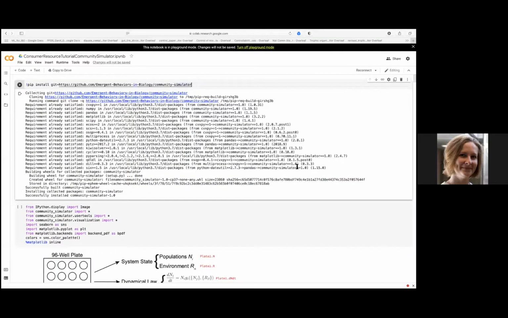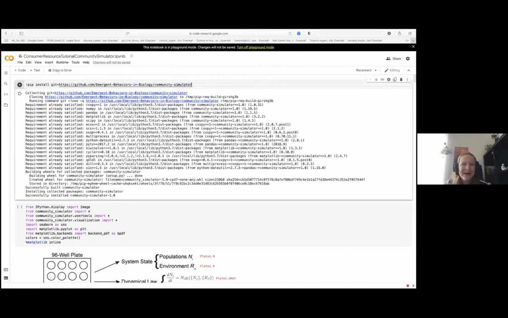This part is a total experiment on my part. For consumer resource models, I would say it's particularly hard because every person who develops their own model just writes their own code in whatever language they prefer. So in every paper there is typically an attached GitHub with code in MATLAB, Python, Mathematica, C, and so on.